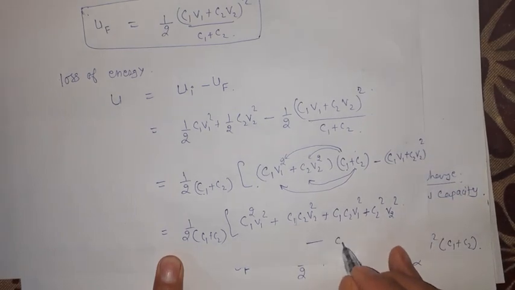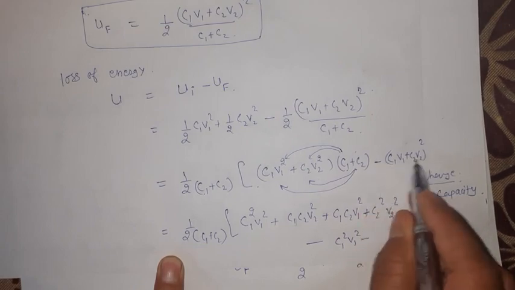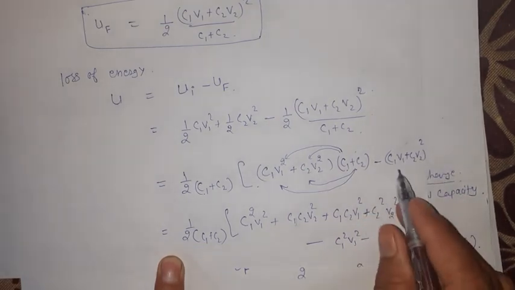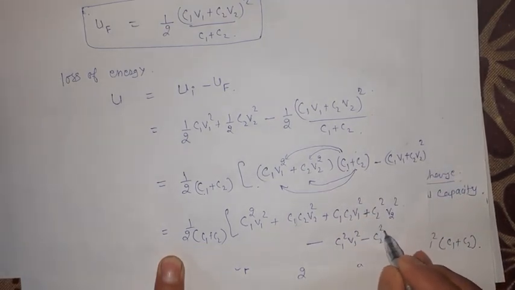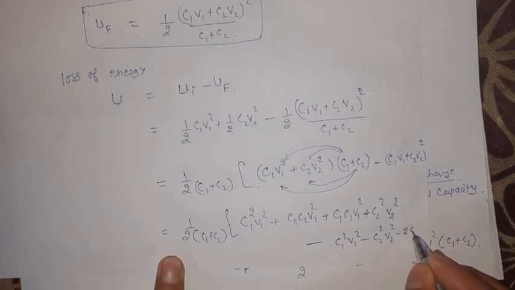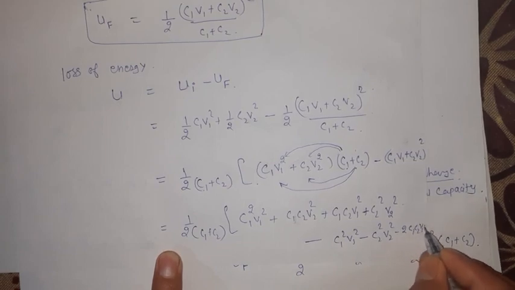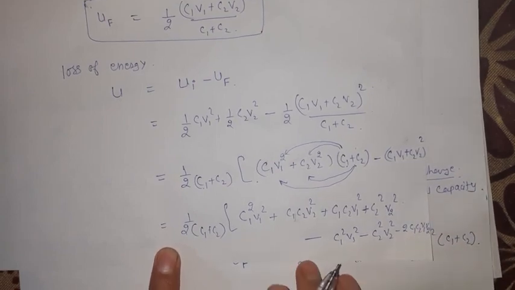So it is a squared plus, and this negative sign will multiply inside the bracket, and thereafter it is c2 v2 squared minus double of ab, so it is c1 c2 v1 v2. Okay, this is what we are having.